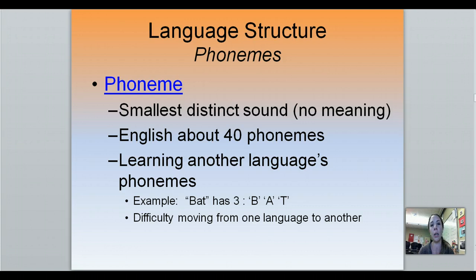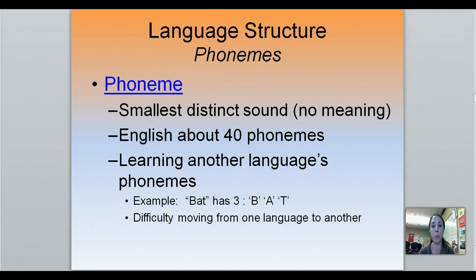The English language has about 40 of them. And this tells a lot about when we're learning another language: we need to know these simplest distinct sounds by a pretty early age, or it's hard to catch up later to learn another dialect and speak in that dialect without an accent.